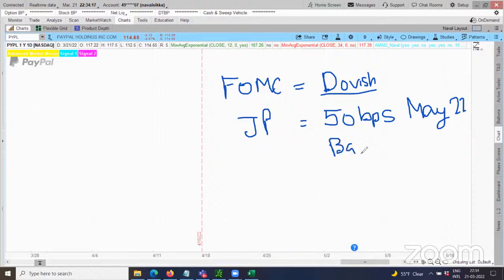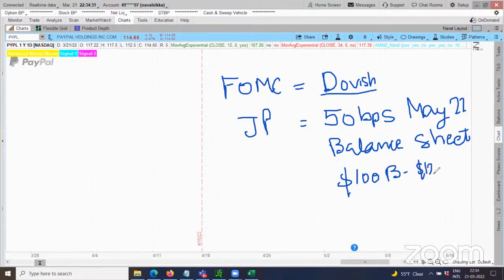Second thing is balance sheet reduction. The notes are coming in the next week. I'm thinking it could be between 100 billion to 120 billion. Market cannot tolerate this.